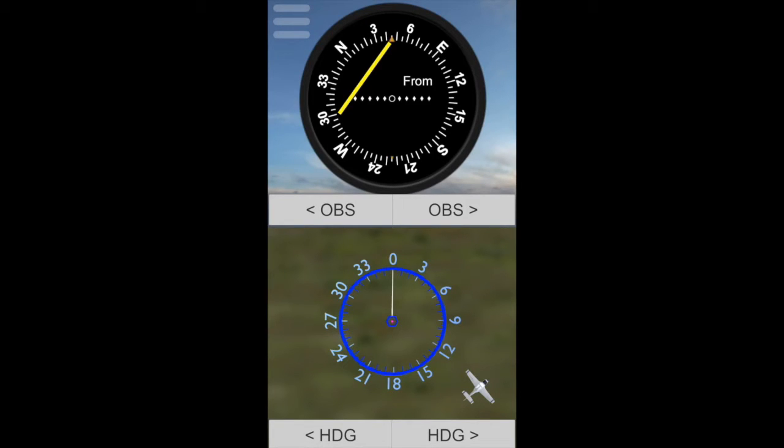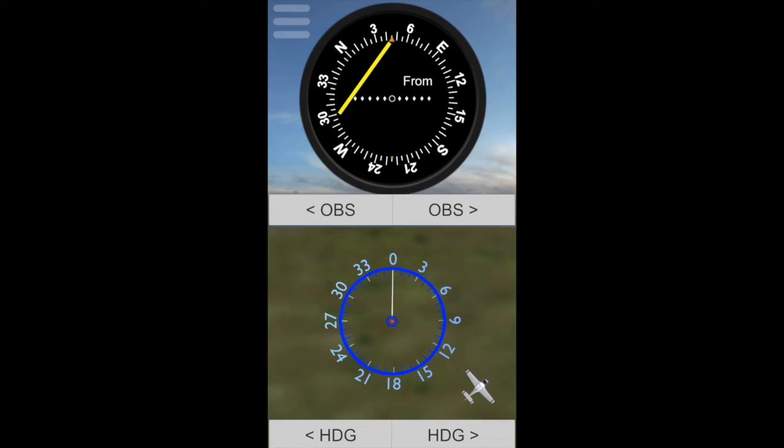What is 090 outbound, 090 inbound? Well, 090 outbound from the VOR is 090 FROM. That means 090 going out, and 090 inbound is actually direction 270 if you are on that radial. It's the opposite direction, tracking towards the VOR. But they will not tell you to track in.